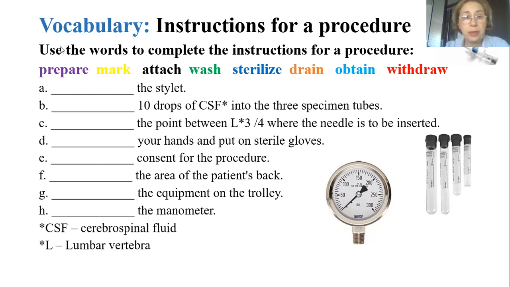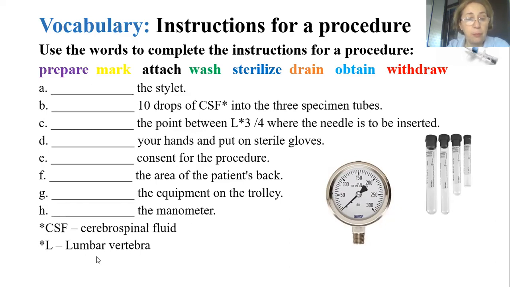And you can also see some pictures that illustrate the words that are mentioned on this slide. And there are definitions for some of the abbreviations. For example, in line B, you can see 10 drops of CSF. CSF stands for cerebrospinal fluid here. And in line C, you can see the point between L 3/4.